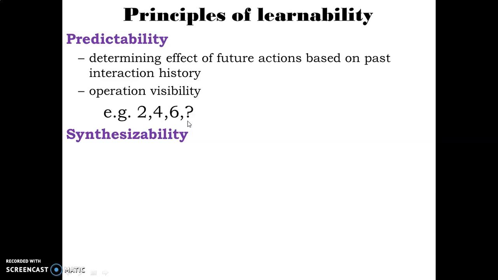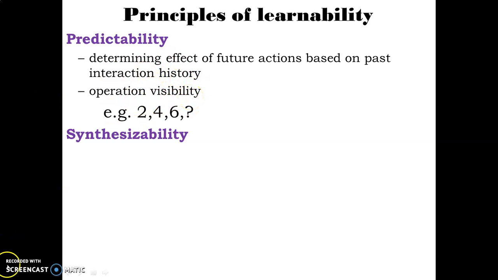The test for you is to find out or predict the next number in the sequence given the first 3 numbers in a sequence. Another form of predictability has to do with the user's ability to know which operations can be performed. So operational visibility refers to how the user is shown the availability of operations that can be performed.